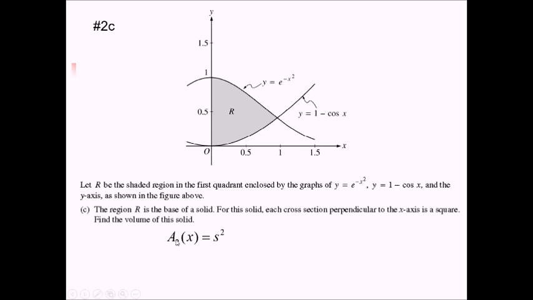And I'm writing A sub 2 because I already used up A sub 1 for my washer back in part B. So now this square, the side of the square, is just the distance between these two functions. So I can write this as f of x minus g of x, squared. And now I'm just going to integrate this thing from 0 to k, just like everything else I've done on this problem, using the limits of integration for my bounded region that I found back in part A. So I'll just write A sub 2 of x dx in there, and the rest of this is up to the calculator.